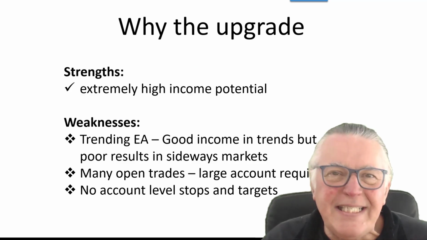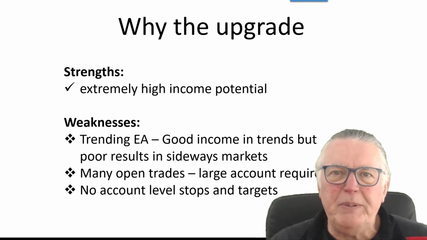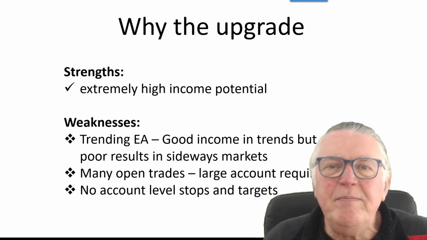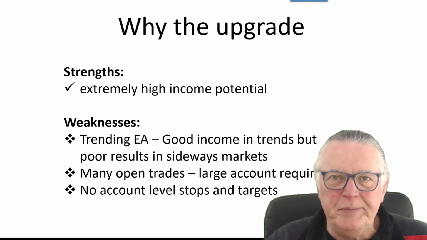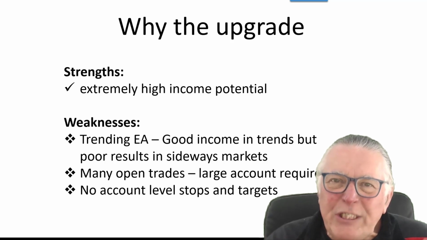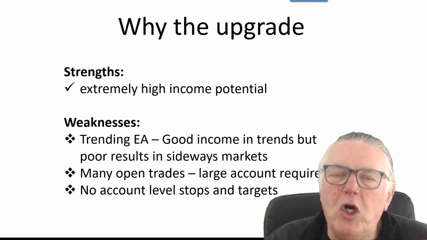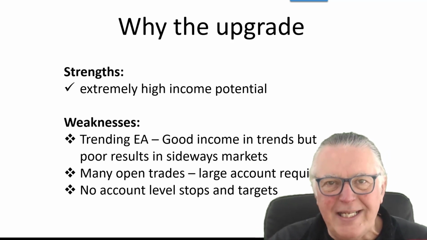So clearly this EA had extremely high income potential. Being able to take $1,000 to over $10 million shows that it had incredible potential. The problem is the EA is a trending EA and needed very, very strong trends to enable it to do these fantastic returns.